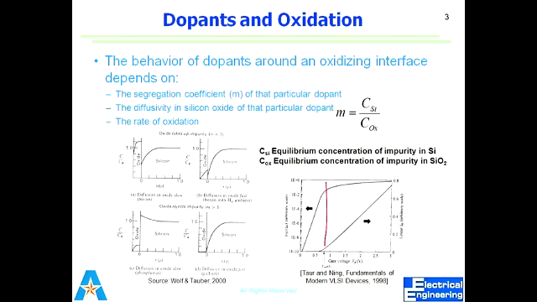That's why I'm using dopant and impurity as alternative words. If you have a silicon crystal, anything other than silicon is considered an impurity. But if we introduce that impurity intentionally, we say the crystal has been doped. So a dopant is a beneficial impurity that has been introduced intentionally.